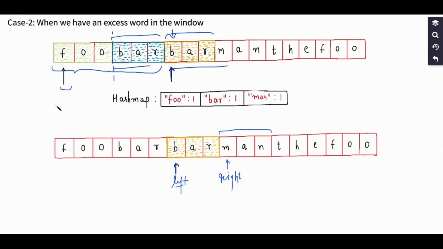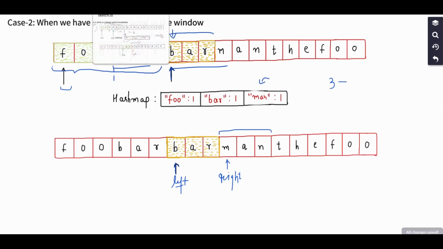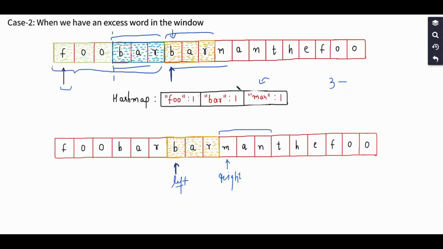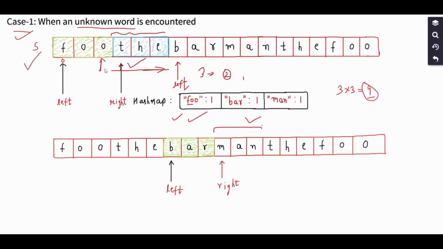We start with 2 pointers. We make jumps of length 3, or the word length that we are given in the words array. The jumps are made by the right pointer. Whenever we encounter an unknown word, like we encountered here, we reinitialize our left pointer to the character right next to the ending of the unknown word.